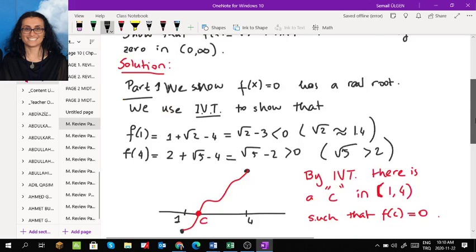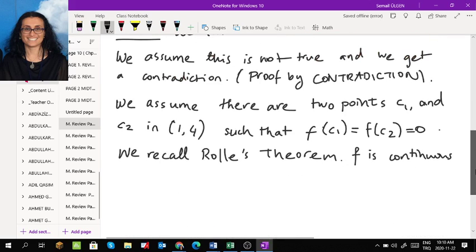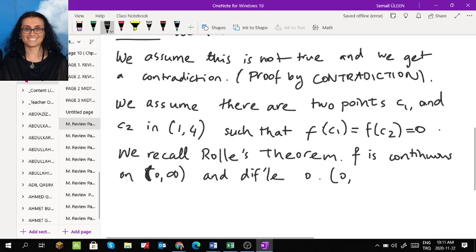So obviously f is continuous on 0 to infinity, and differentiable on 0 to infinity as well.